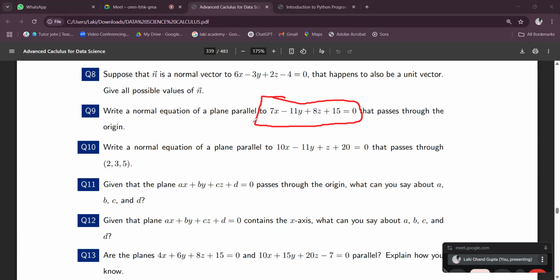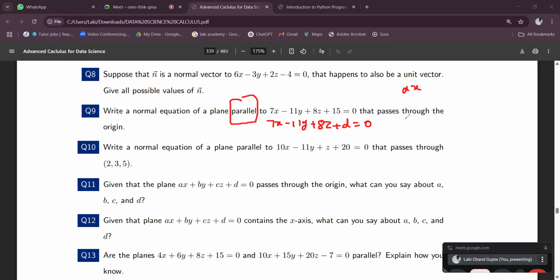Can you tell me the normal equation of a plane parallel to this which passes through the origin? It's very simple. Any plane which is parallel to this is what? Same. Only d is different, right? I already told you the coefficients are the same, only this is different.